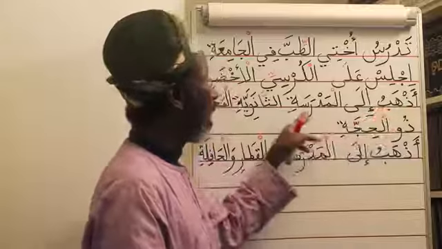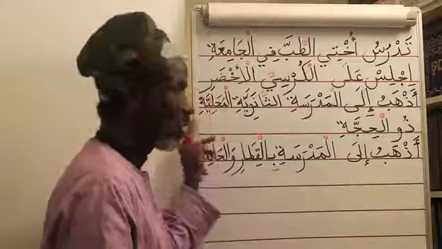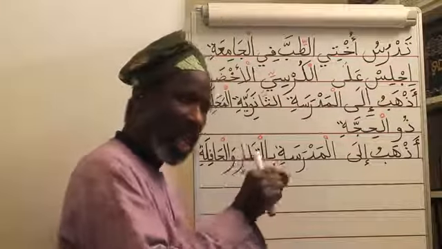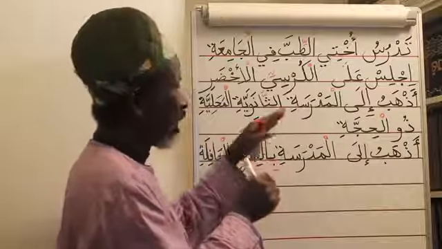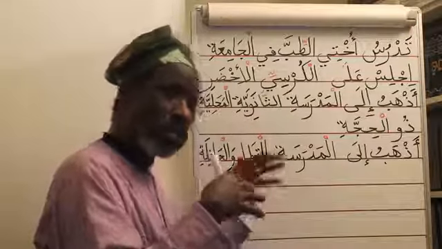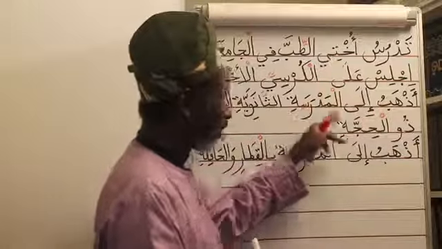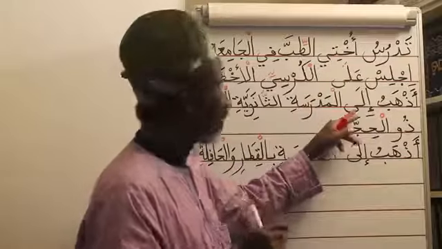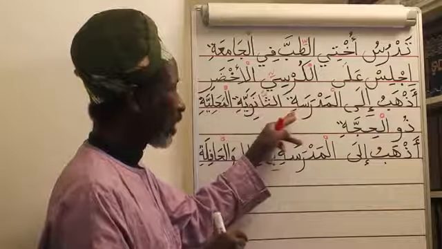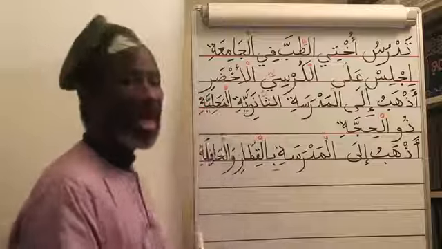Line 3. أذهب إلى المدرسة الثانوية المحلية. It is a long sentence, but you need to link each of the vowels to the shadda to make sure that it is smooth reading ahead. أذهب إلى, you shorten the lengthening here. إلى المدرسة الثانوية المحلية.